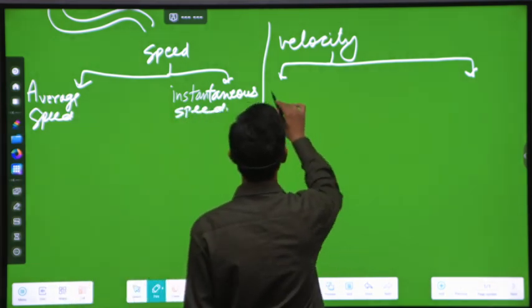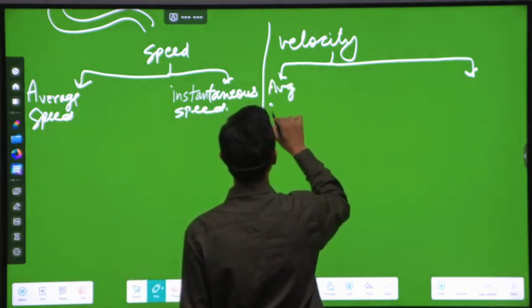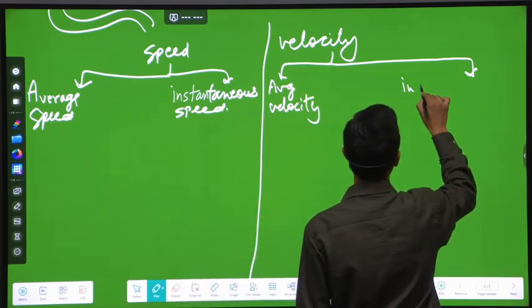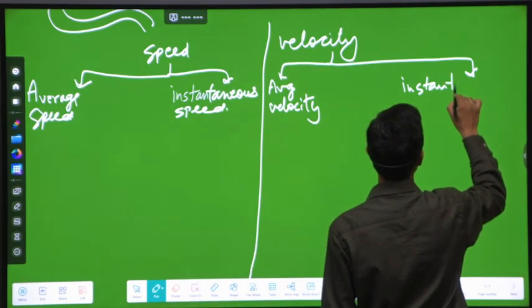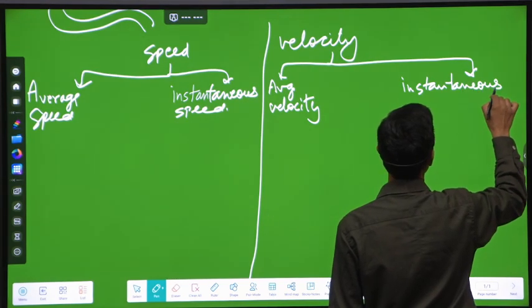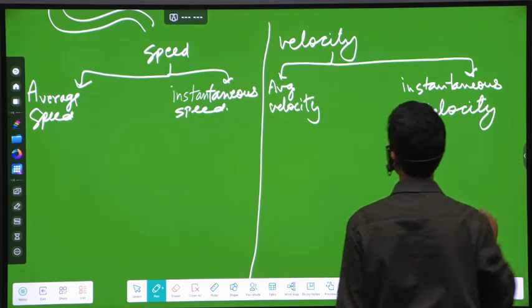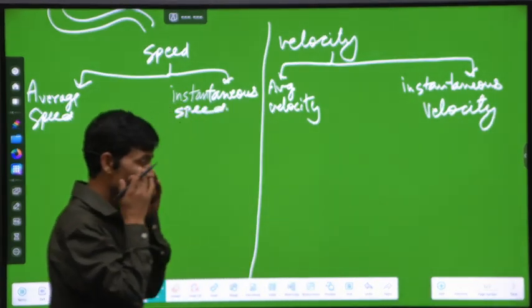Similarly, average velocity and instantaneous velocity. Now, what is average velocity?